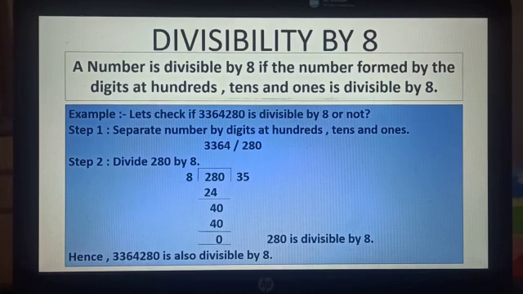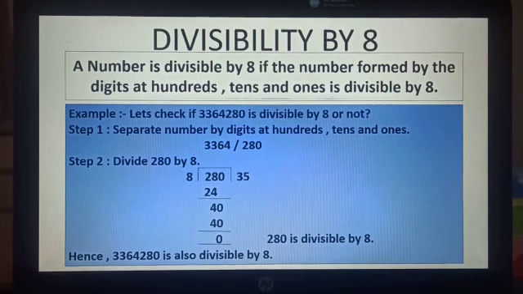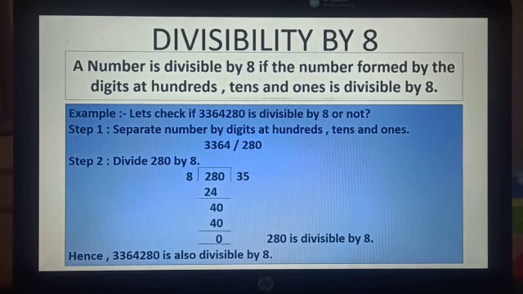In first step, separate the number by digits at hundreds, tens and ones. The number is 280. Now 280 is divided by 8. 280 is divisible by 8. Hence the given number is also divisible by 8.